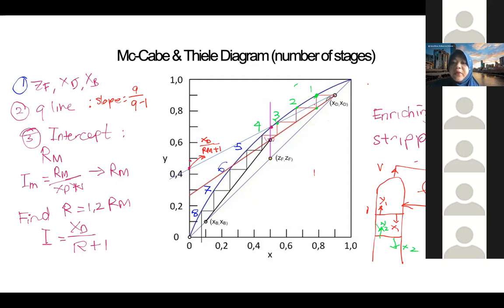So if you use a partial condenser and partial reboiler, this one is going to be your condenser, stage 1. Then 2, 3, 4, 5, 6, 7 is your column, and number 8 is your reboiler.